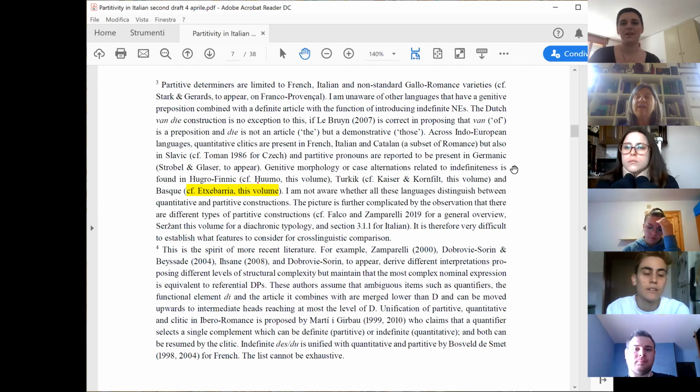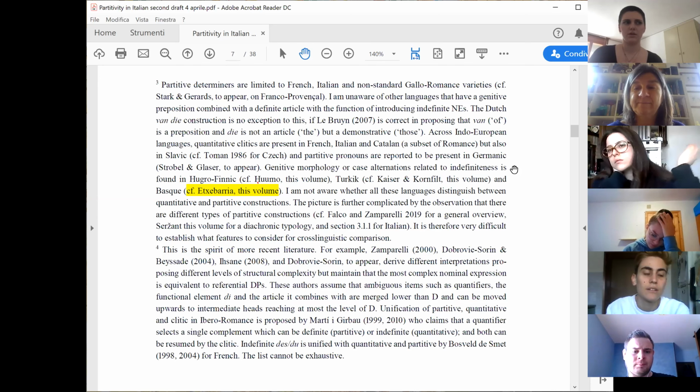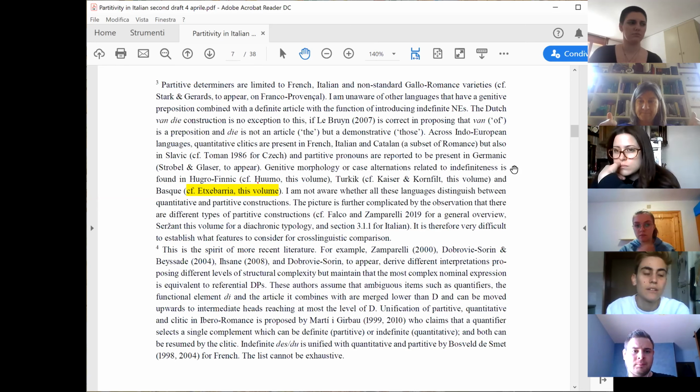"Non faccio di queste cose." "Ich mag von den Dingen nicht." It means I don't do these things. I don't do things of this kind. Or I don't eat biscuits of this kind.